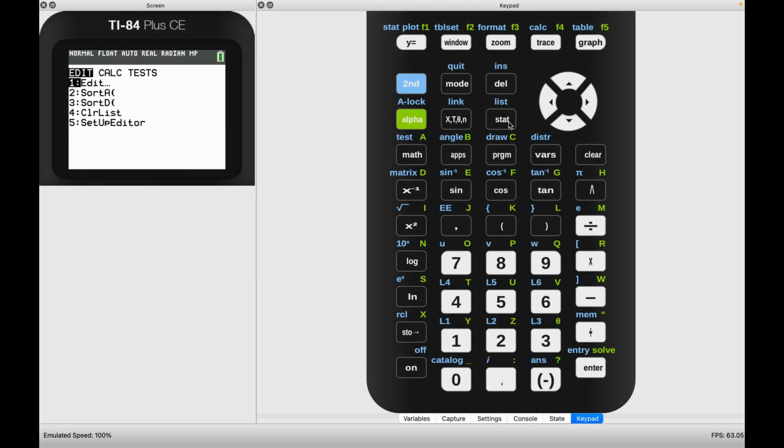And then the last thing that we'll do is go back, hit the stat button, go to the right, and then go down to where it says cubic regression. Here, and again, I'm getting a really close R value. So my A is my coefficient for my x to the third, B is the coefficient for the x squared, C is the coefficient for the x, and then D would be our constant term there.